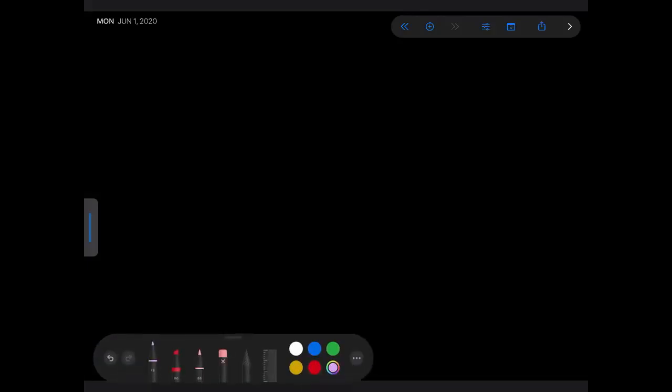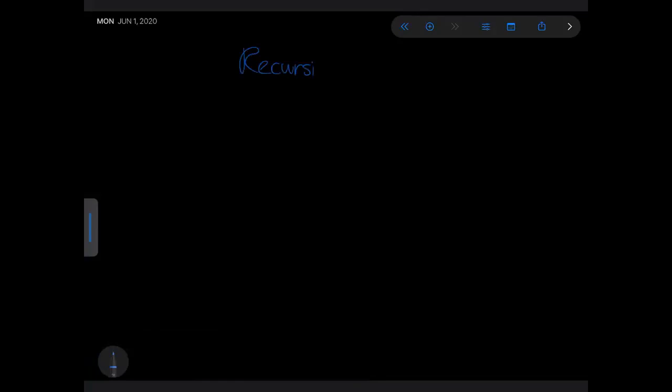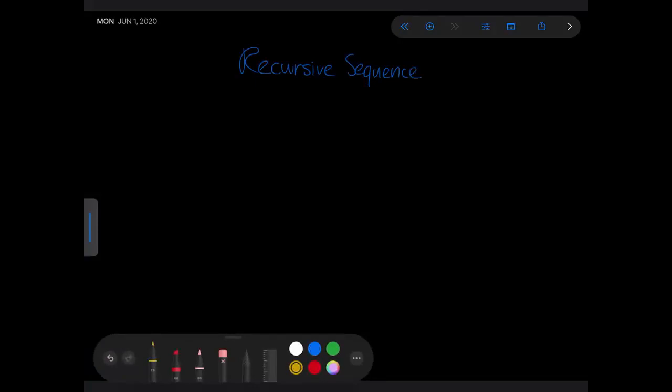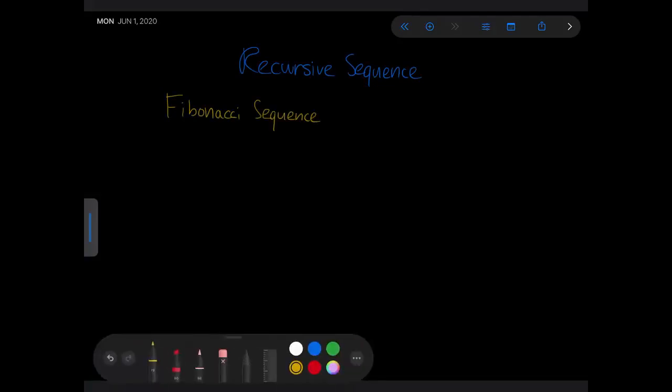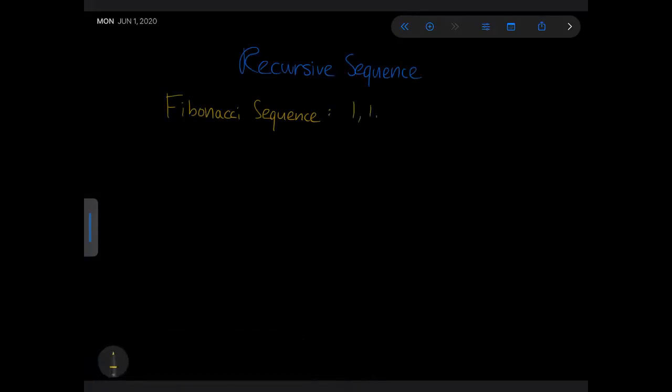So the last type of sequence that we're going to go over is the recursive sequence. Recursive sequences, you guys are probably familiar with one of them, and that is the Fibonacci sequence. So this is going to be 1, 1, 2, 3, 5, sorry, 8, 13.